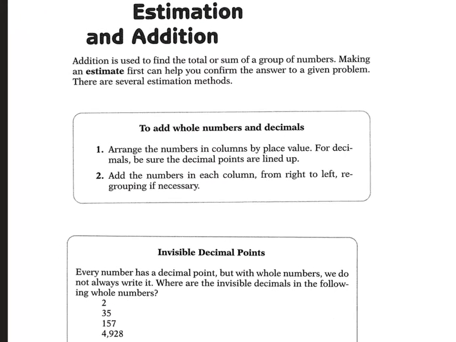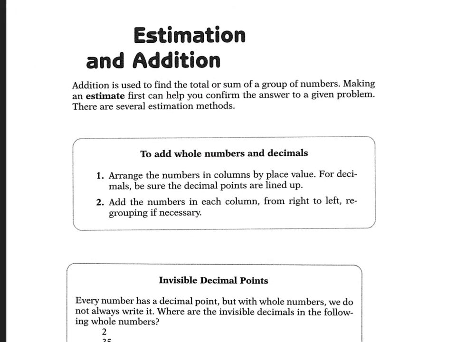With estimation and addition, what we're going to do with this section and the subtraction is we're going to focus on adding and subtracting. So with these, sometimes it's a lot easier to estimate first before you add or before you subtract. And again, we're just going to add and subtract here.